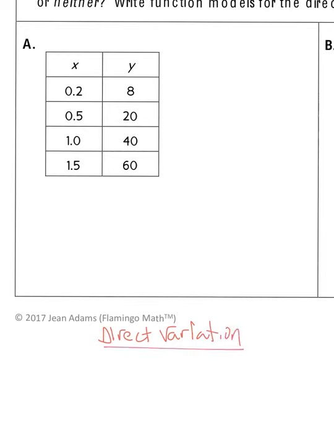so direct variation, remember, y was equal to k times x. So if I were to solve that for k, because I'm interested in the constant of variation in these particular two examples, if I solve this equation for k, it would equal k is equal to y divided by x.